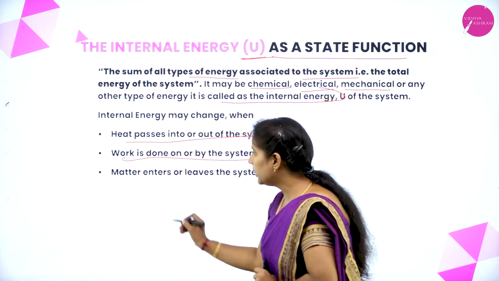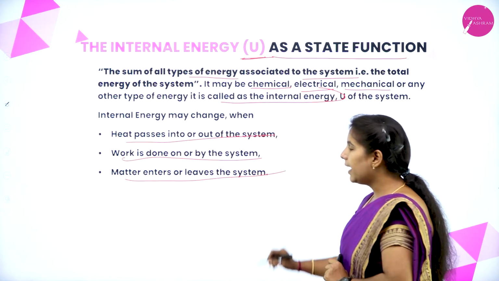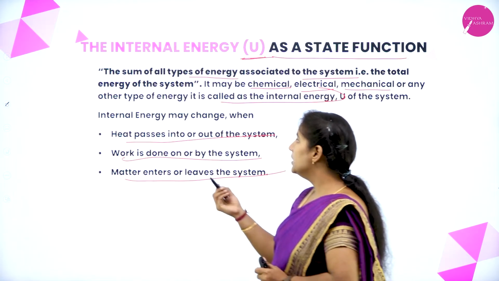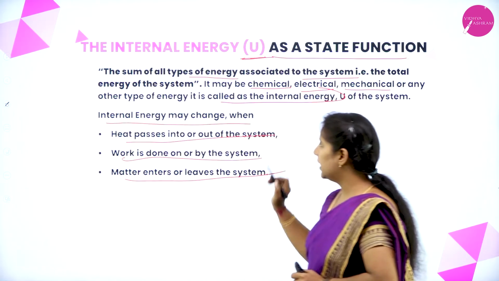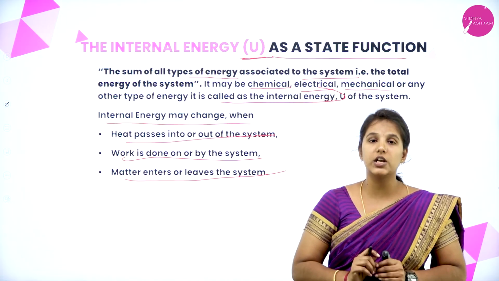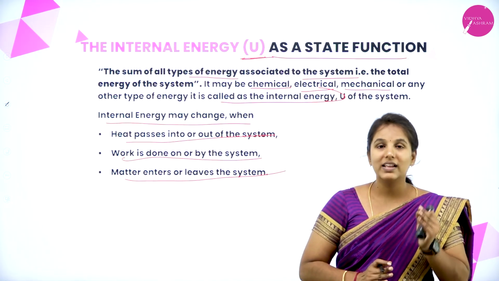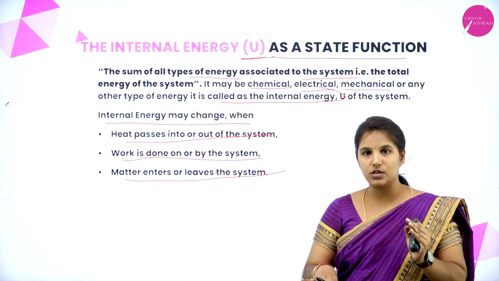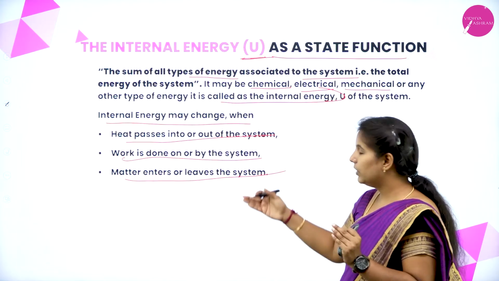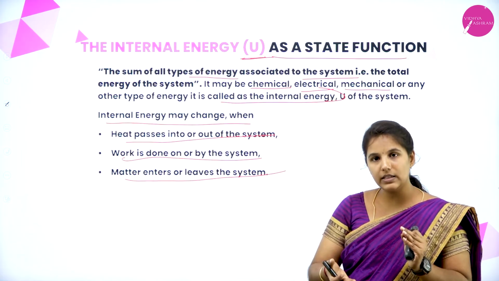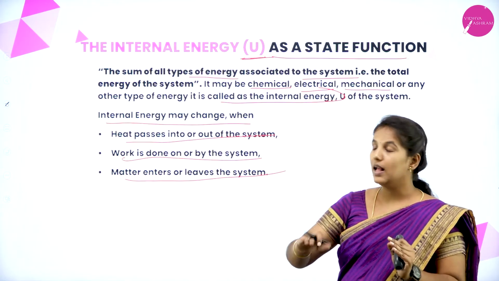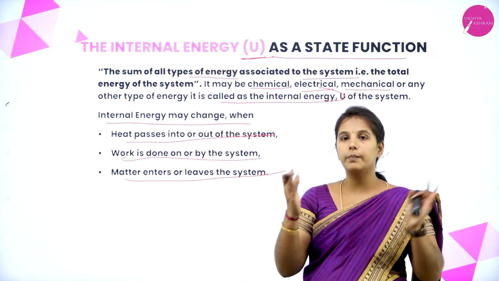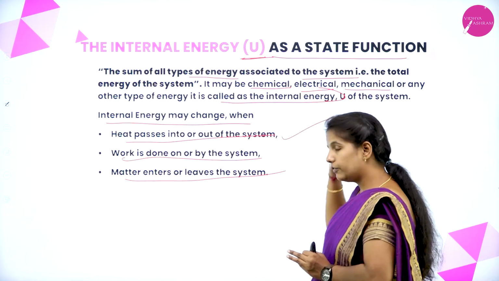And we have one more condition, that is when matter enters or leaves the system. So this indicates that the internal energy of that system can change only when matter enters or leaves, only when work is done by the system or on the system, and lastly, when heat passes into or out of the system.